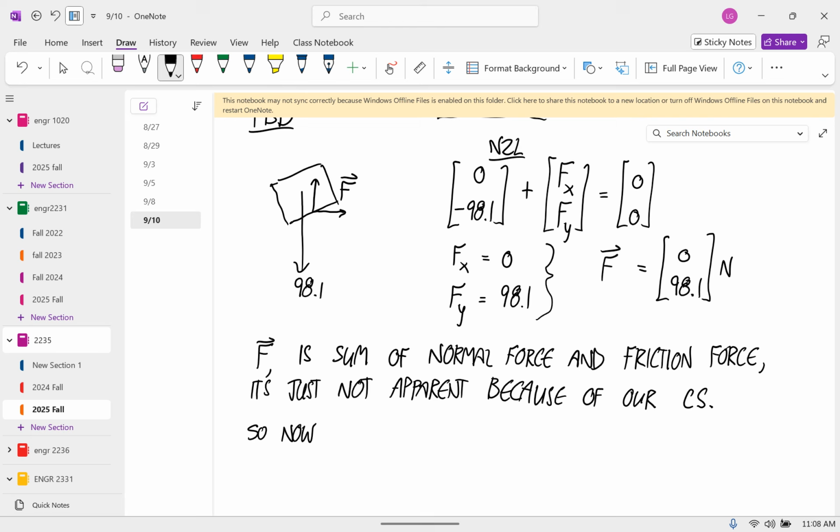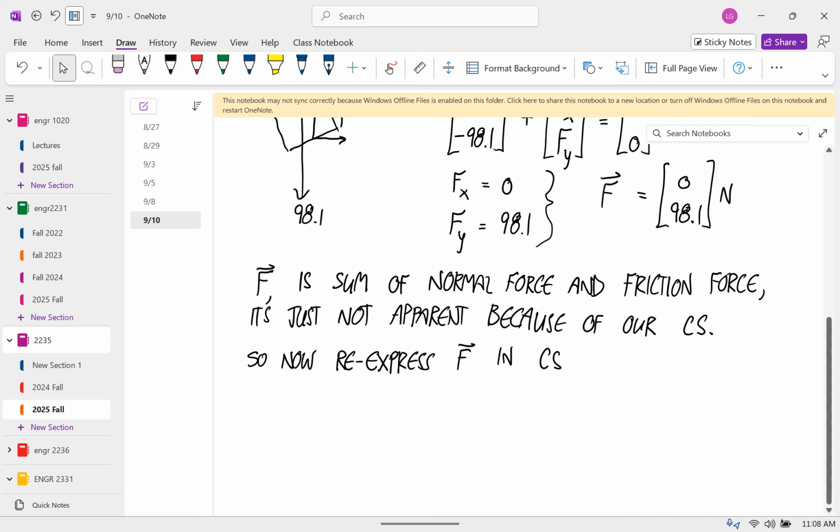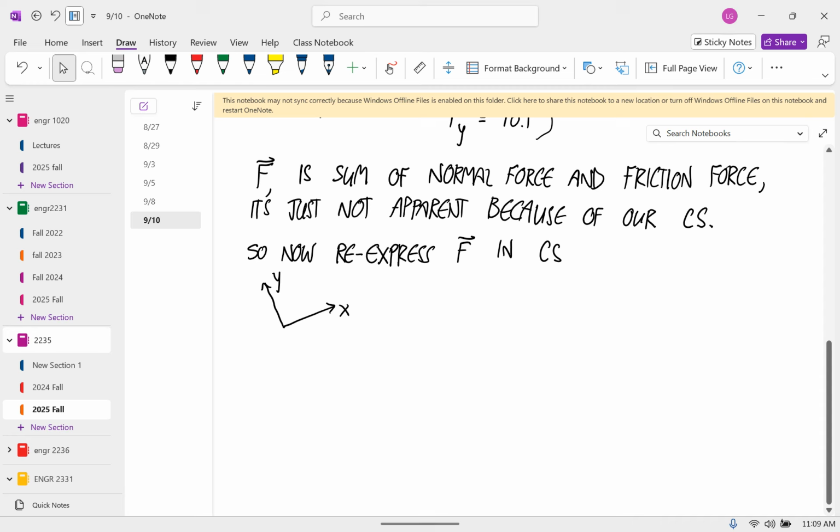Okay, so now we're going to re-express this vector in a coordinate system that's oriented like this. In order to do that, first we have to figure out this angle theta.